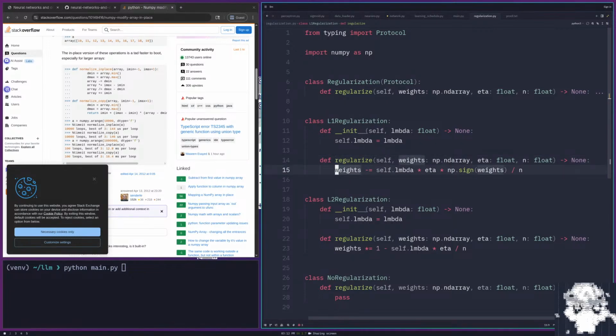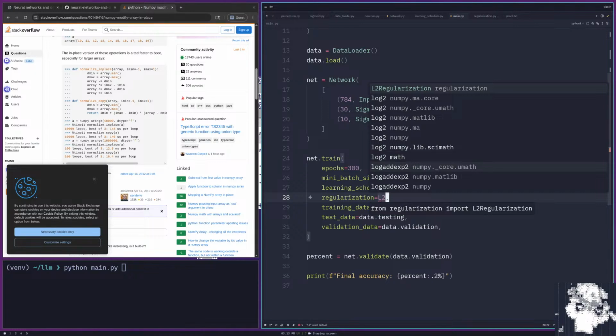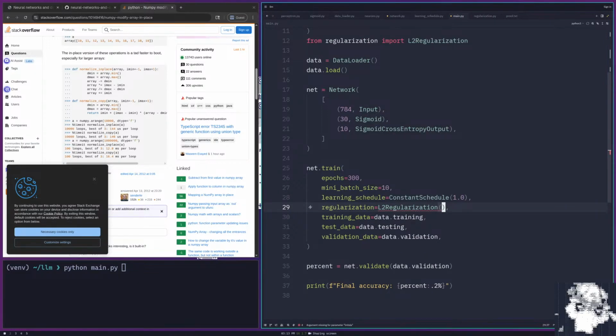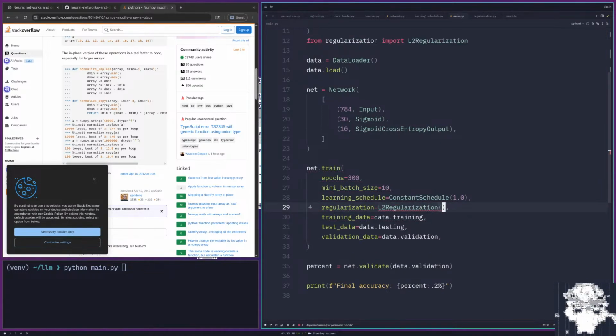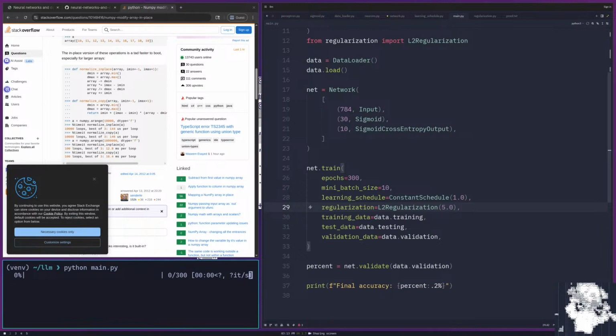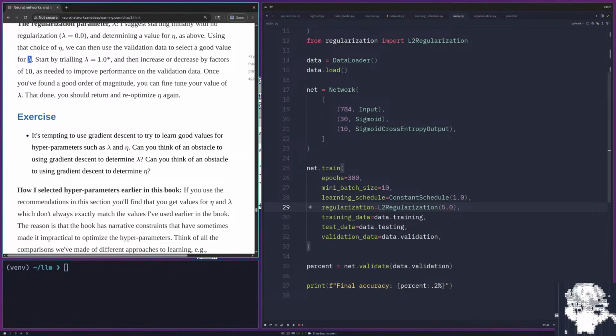So this should be working pretty much. Instead of passing lambda, now I pass regularization equals L2 regularization. And what was the parameter? I was doing 5.0. So 5.0. It didn't crash, which means it's probably working.